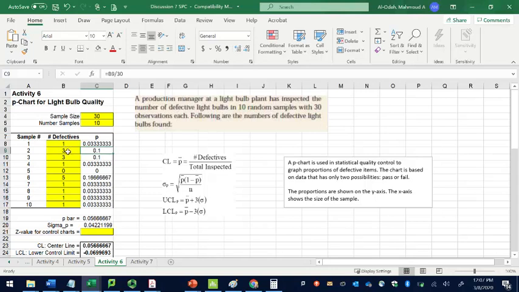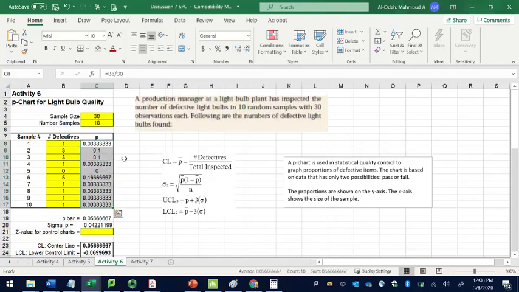Sample number two, we have 3 defective light bulbs, so that would be 10% of the 30 light bulbs. So 3 divided by 30 would be 0.1 or 10%. We do the same calculation for the rest.